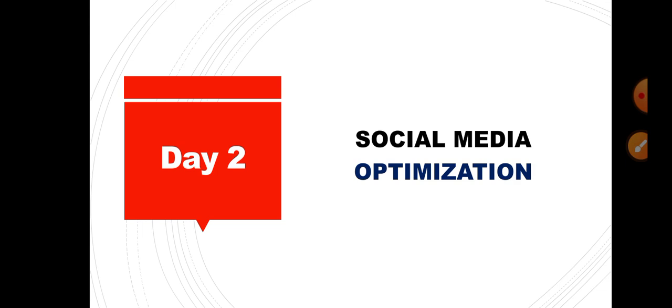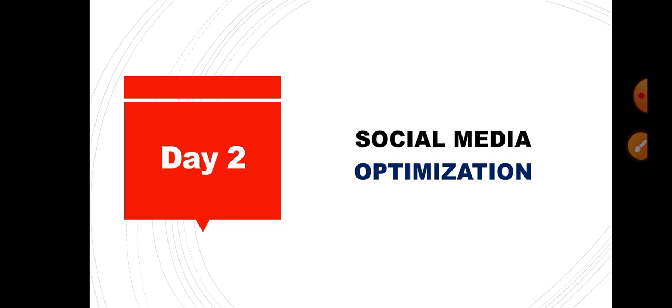Then in day 2, we are going to be looking at social media optimization. Every business has actually gone online. So online is the market space now for all businesses. So you want to make sure you position yourself in such a way that you can actually attract quality leads, high paying customers.